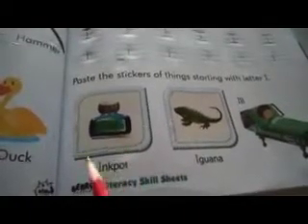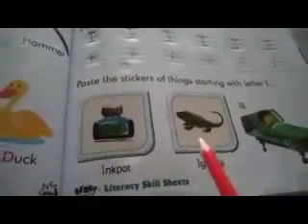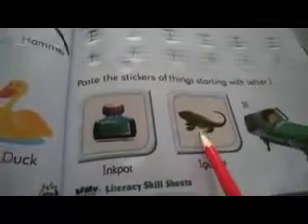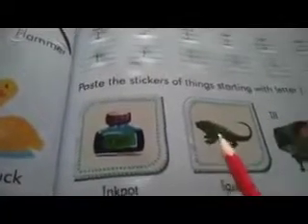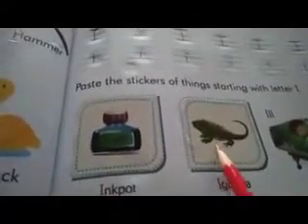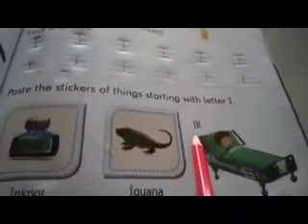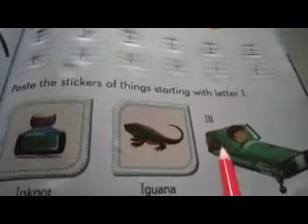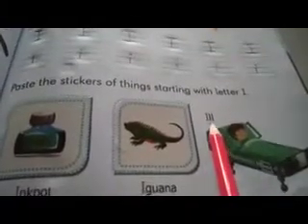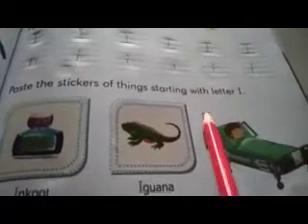I for ink pot. I for iguana. You can see this iguana. This animal's name is iguana. I for iguana. Okay, and I for ill. Ill means sick. Okay, I for ill. Understood, children?